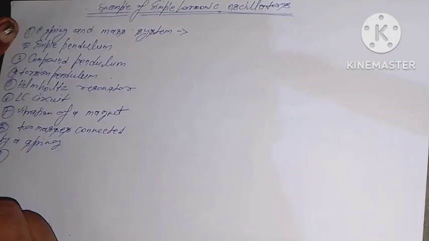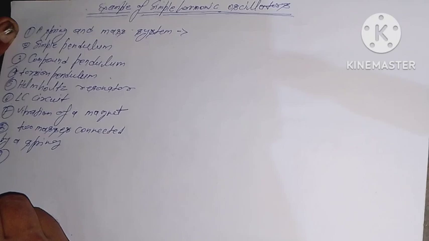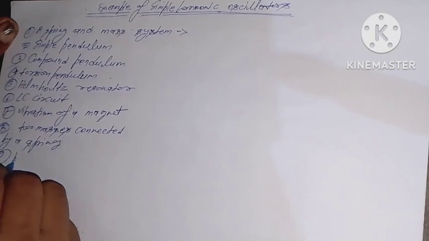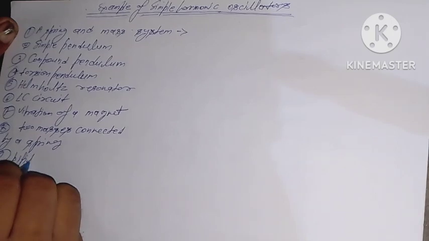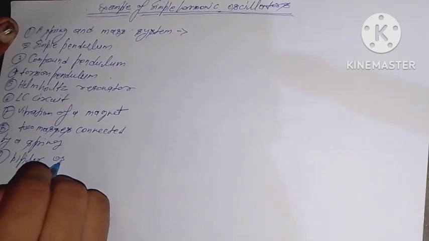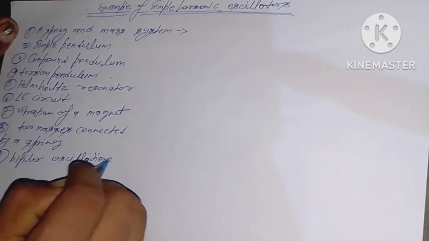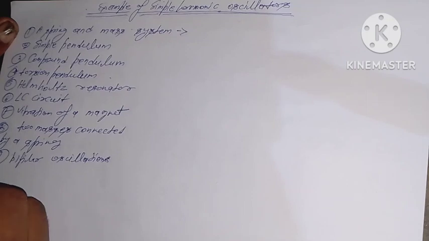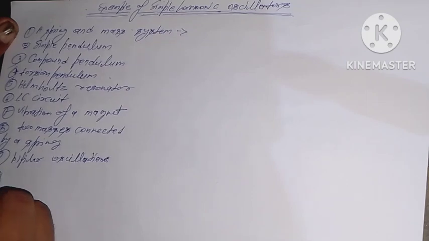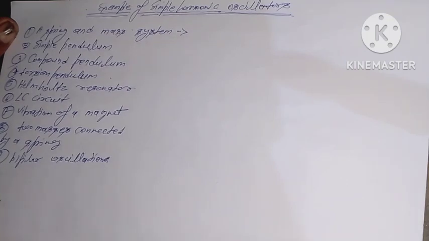Nine is bifilar oscillations. And ten is bifilar oscillations.